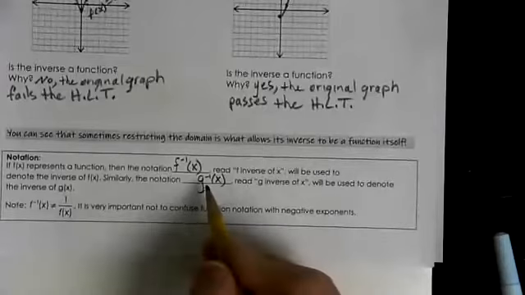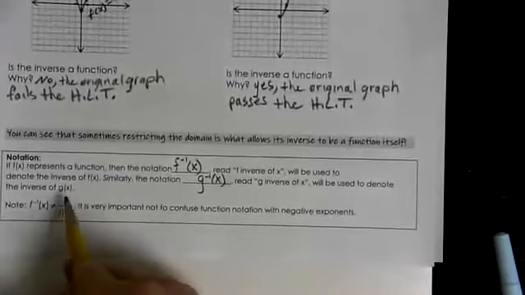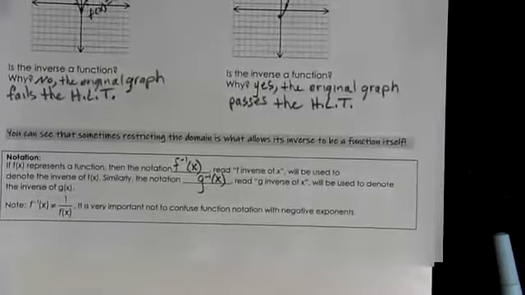Don't get that little inverse confused with thinking that this is going to be 1 over f of x. That's not equivalent. That's not what we're saying. It's not negative exponents. It's just representing that it's going to be an inverse.